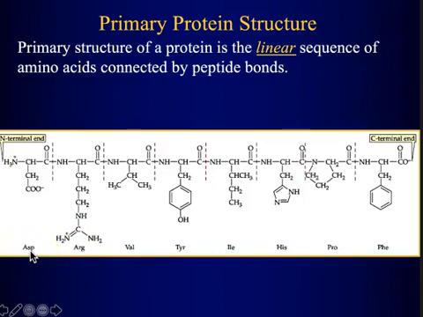So if I have Asp, Arg, Val, Tyr, these are all our amino acids, and this is one particular order of amino acids. So this is one primary structure of a protein. We still have our N-terminus end and our C-terminus end as well. So it's just the linear structure of these proteins.